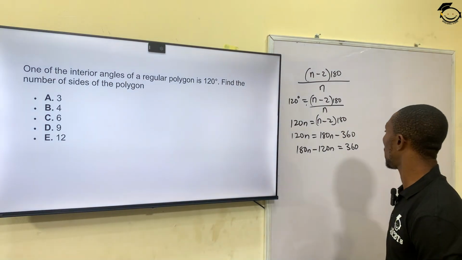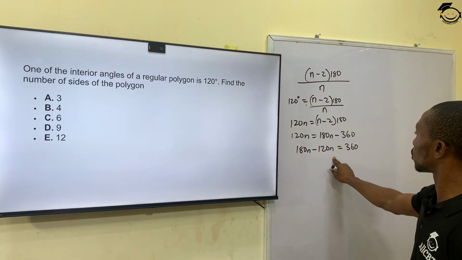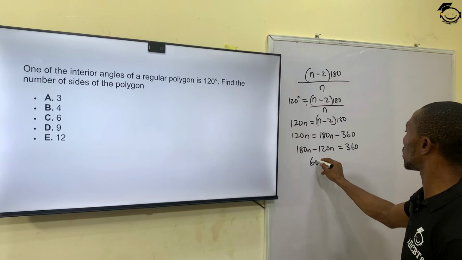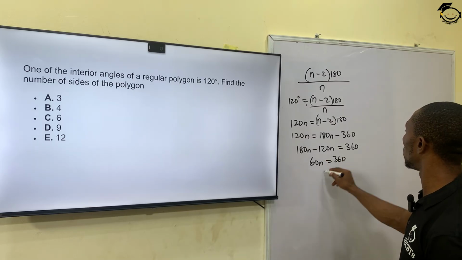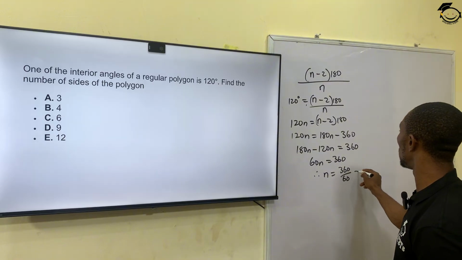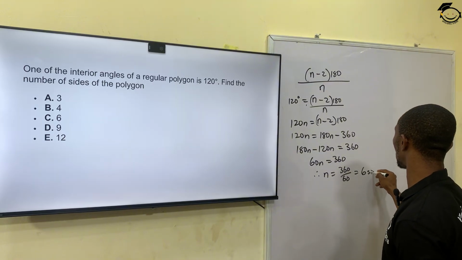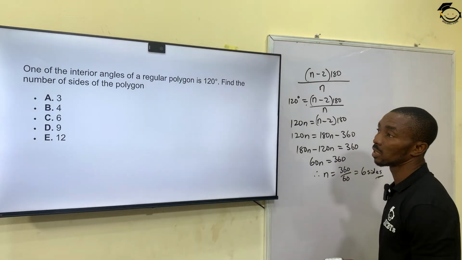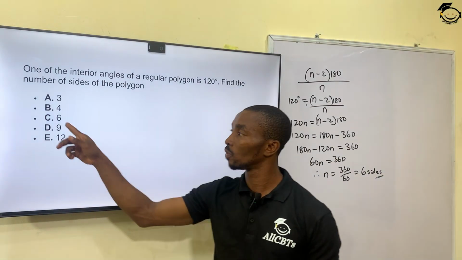So 60n equals 360. Therefore, n equals 360 over 60, which gives us 6 sides. So the polygon has 6 sides, which is option C.